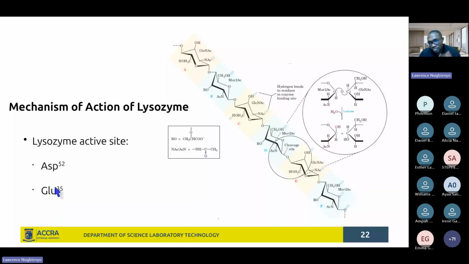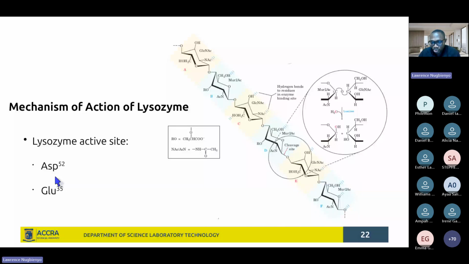So those of you who are interested and want to read more, you can go and look at the active sites of lysozyme, and you see aspartic acid, glutamic acid, which will be having some effects. I think I shared a textbook with you. So when you take the slide and look through, I think you find mechanism of action of lysozyme somewhere, and you may have information of the sort over there.